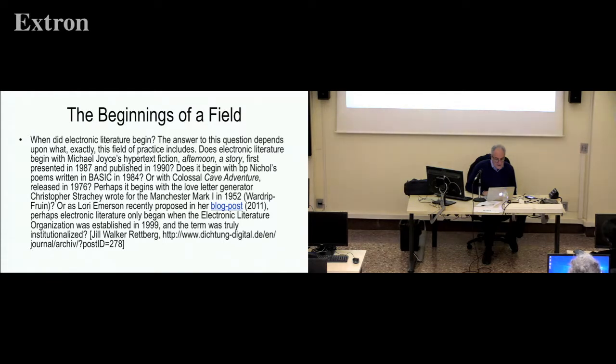So if we take the foundation of the Electronic Literature Organization, in 1999, as the turning point, because it's the point when the archiving started, and so a history could be written to some extent, or possibilities of many histories.